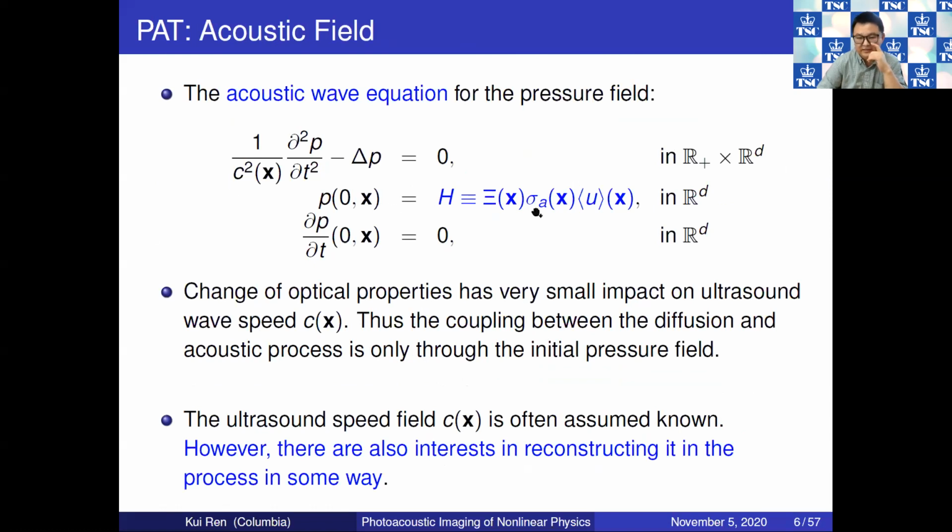I say that sigma A, the absorption coefficient, an optical property, has nothing to do with C. It looks like chi does. This is still something debatable in the literature, because some people say that chi depends on C in quadratic form or whatever.